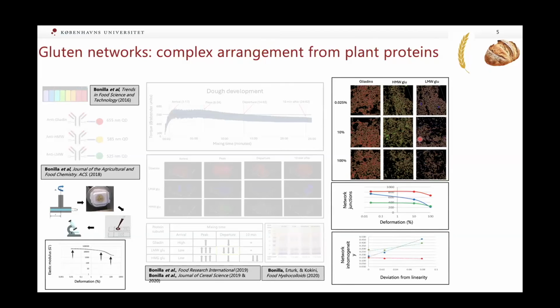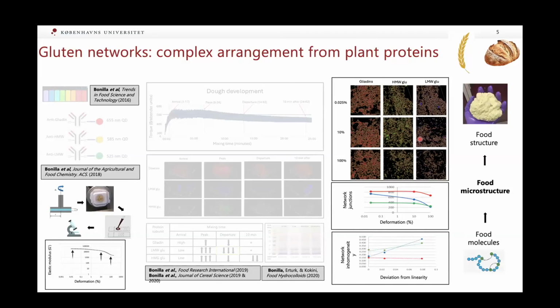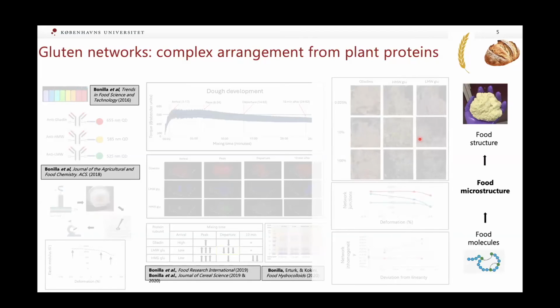This is the way we used to do it before, and that's how we connected the understanding of the molecules. For instance, in the gluten, it's well known that it is disulfide bonds that bring the network together. But it was not known how much the low molecular weight glutenin contributed, and by looking at this spatial distribution at the microscopic scale, we could learn new things.